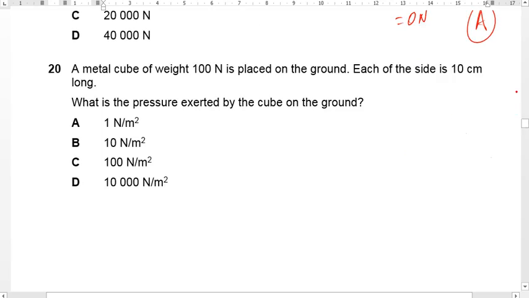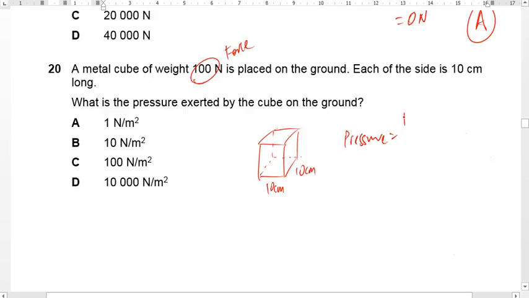Metal cube, 100 newtons. This is the force. Each side 10 cm long. So cube is 10 cm, 10 cm. So pressure is the force over area.